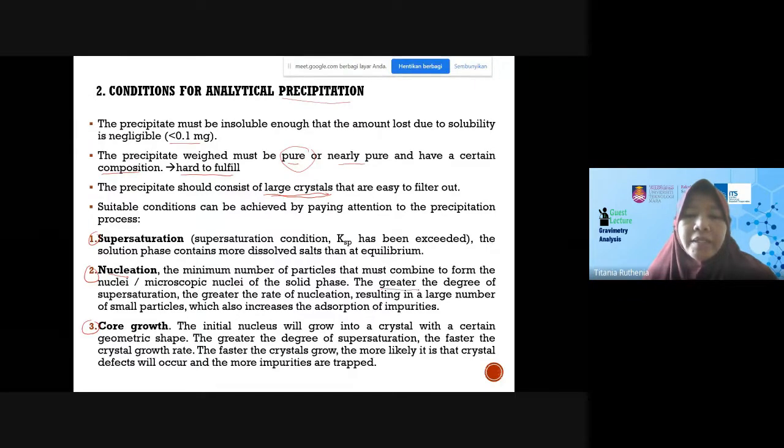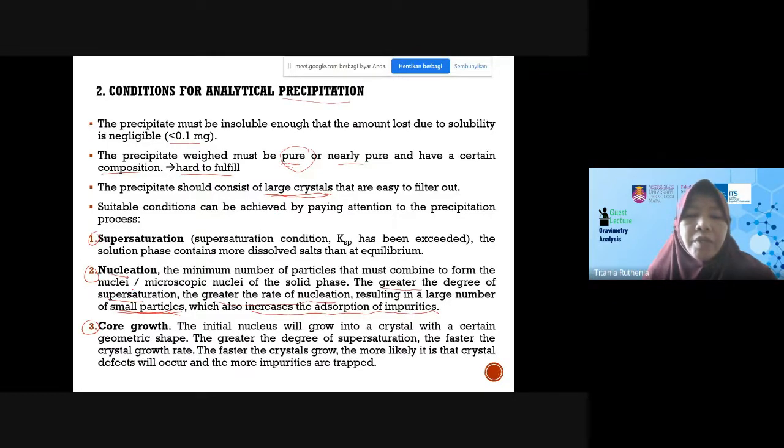The greater the degree of supersaturation, the greater the rate of nucleation. And as the rate of nucleation is greater, it will result in small particles. And if it is formed in the form of small particles, then it will increase the absorption of impurities. So this is also a problem to get the pure precipitate.